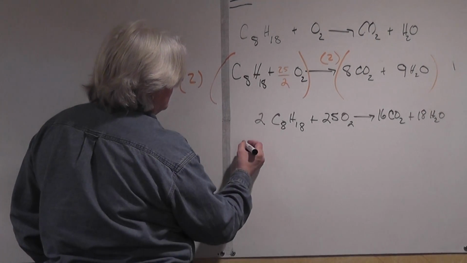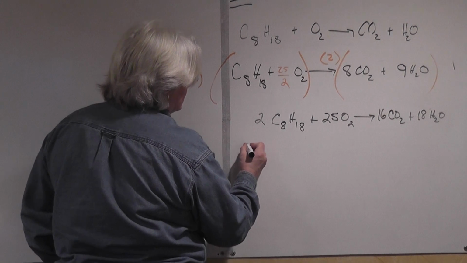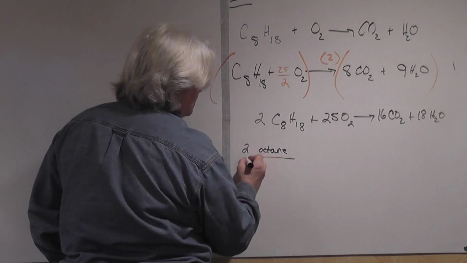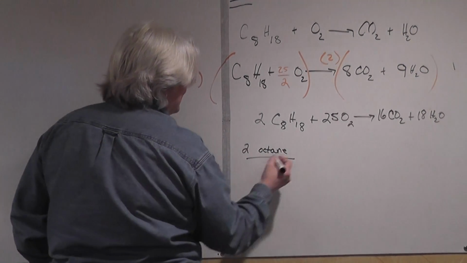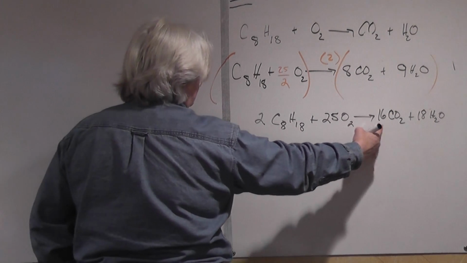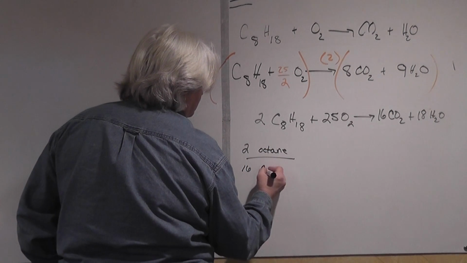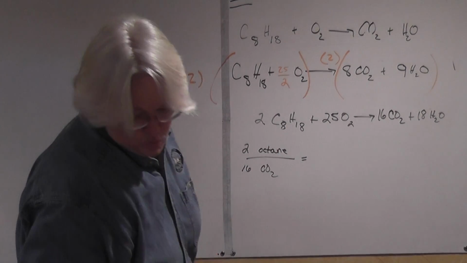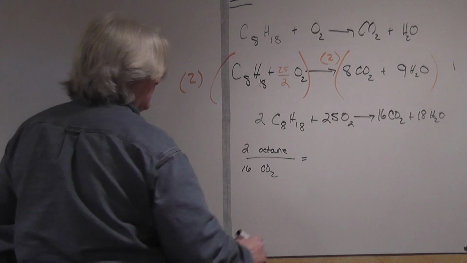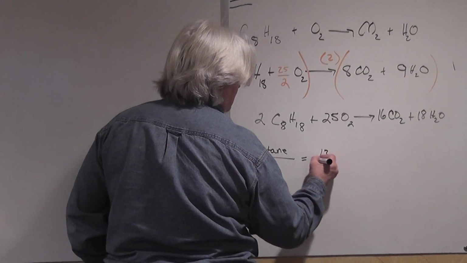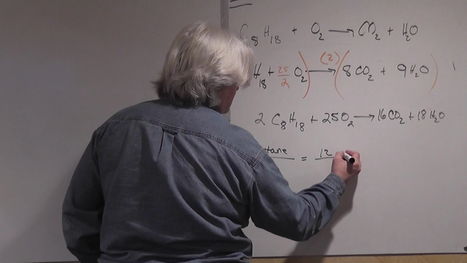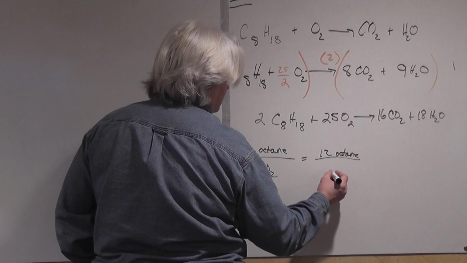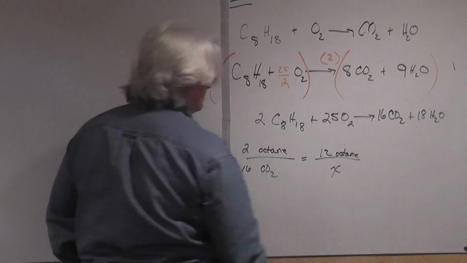So the relationship that we have here is 2 octane will produce 16 CO2, carbon dioxide. If we have 12 liters of octane, how much CO2 is going to be produced? 12 liters of octane, how much CO2?